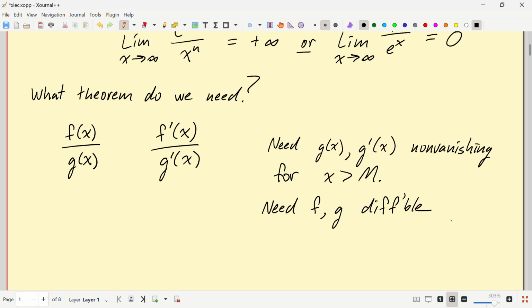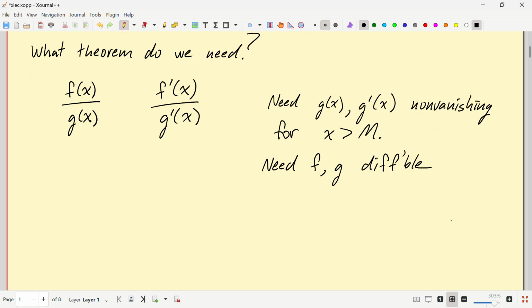We want to deduce the limit about f of x and g of x. We assume the limit as x goes to infinity of f prime of x over g prime of x exists.